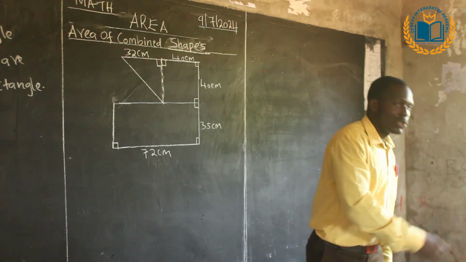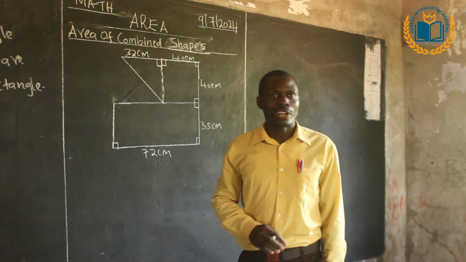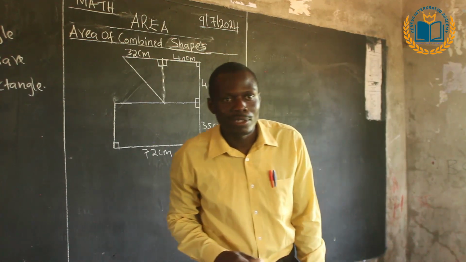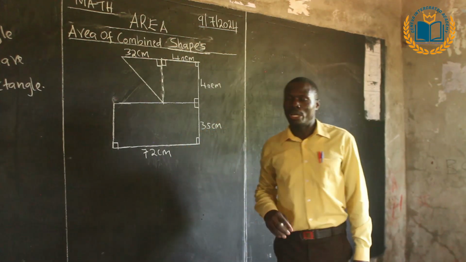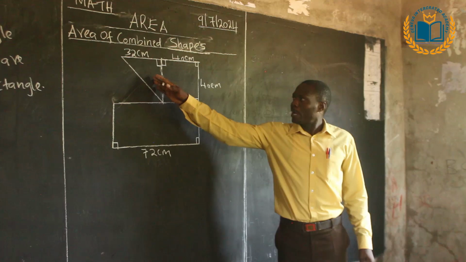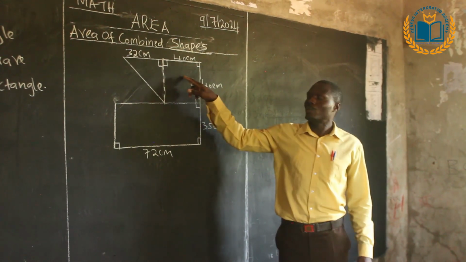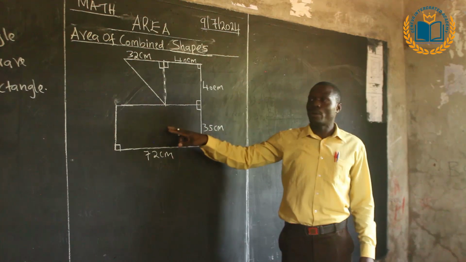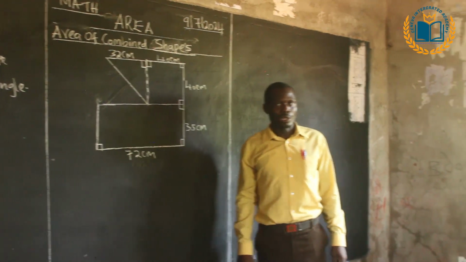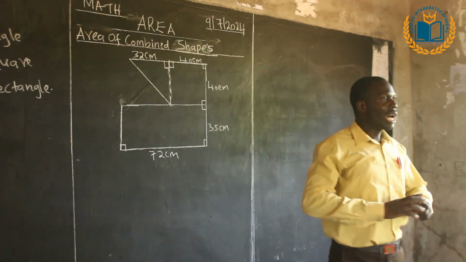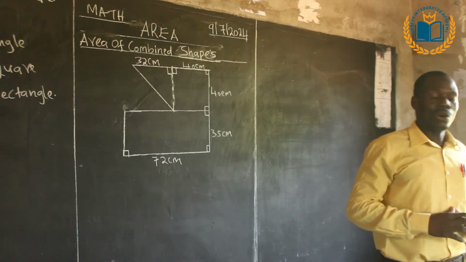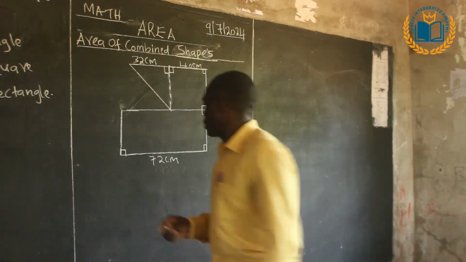Yes, Abu Samed says triangle. His answer says a rectangle. Now, let me start with this one. This shape is a triangle. This one? Square. This one? Rectangle. Very good.